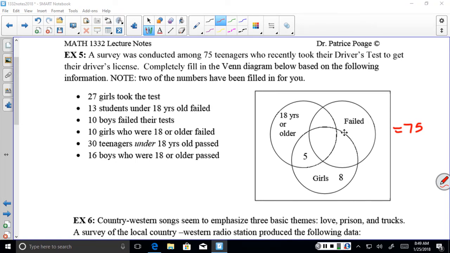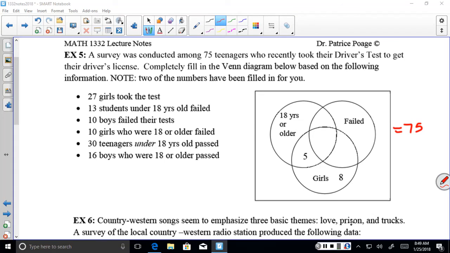We've already narrowed it down from all 8 of these to the fact that they're under 18 years means it's just these 4 spots right here because they're not in that circle. Okay? They're under 18, so it's just these 4 spots. And then it says they failed. So out of these 4 spots, how many spots failed? Those 2. So those 2 will add up to be 13.